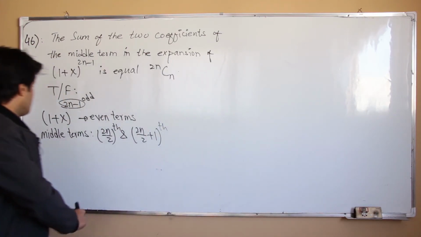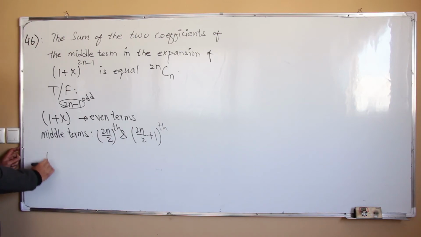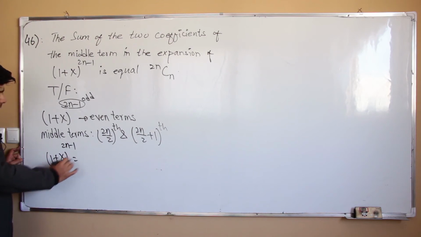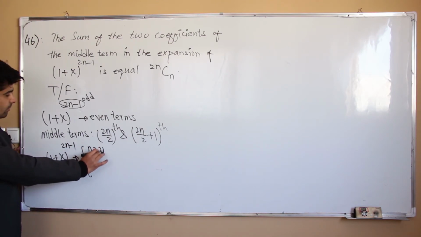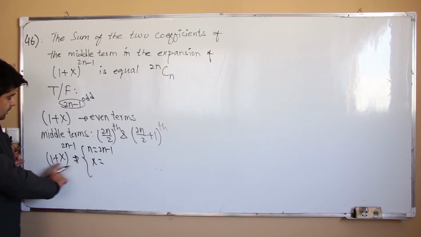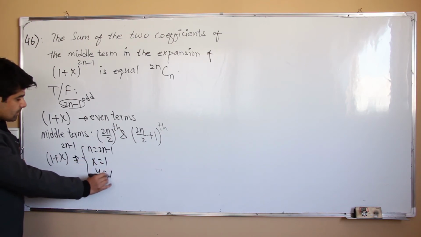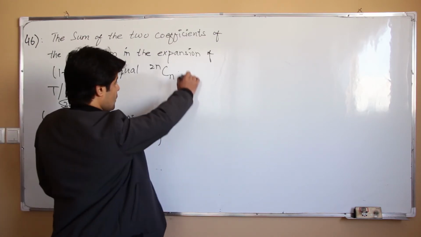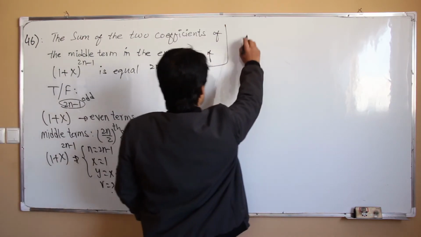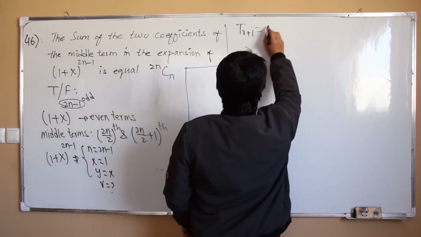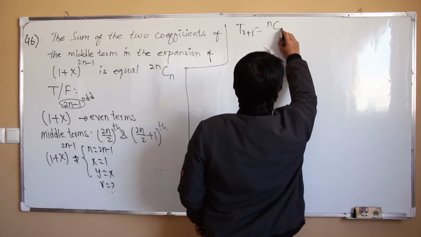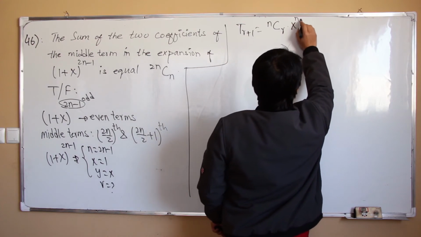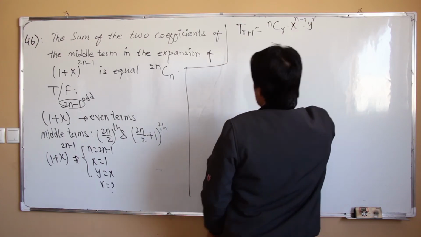Now, if we want to talk about the expansion of (1 plus x) raised to the power 2n minus 1, here you know n, it is 2n minus 1. You know x, it's 1. You know y, it's x. And you don't know r. Just you know one formula, which is the general term: nCr, x to the power n minus r, y raised to the power r.